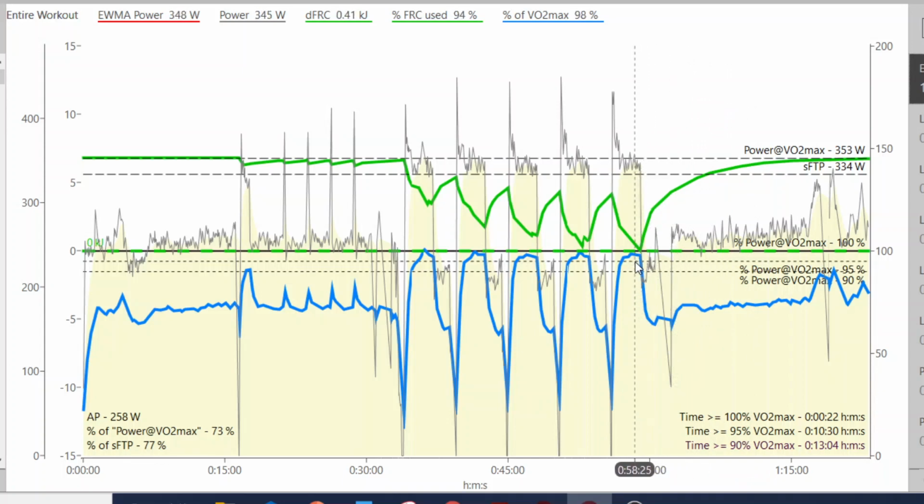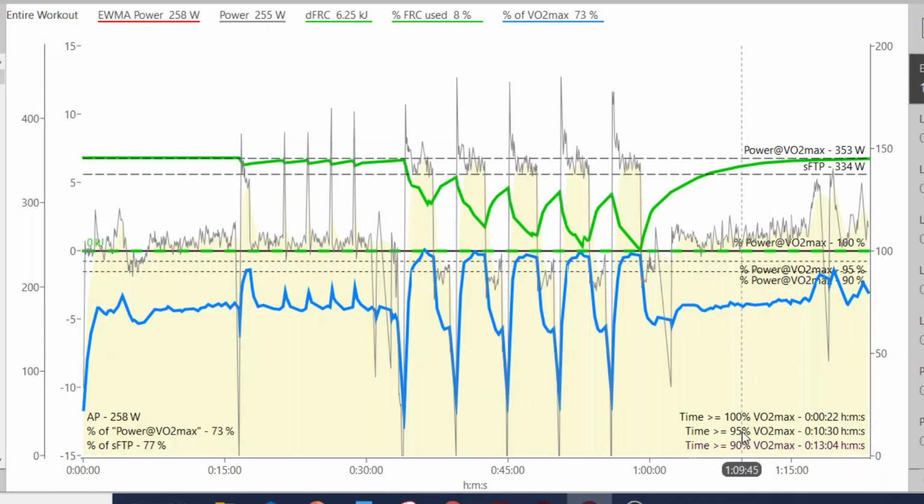So he spent about 10 minutes and 30 seconds in this really prime area that I believe is important for getting appropriate adaptations near VO2 max. This one's less important, greater than 90% of VO2 max, I mean 13 minutes, but that's not the adaptation I was looking for.